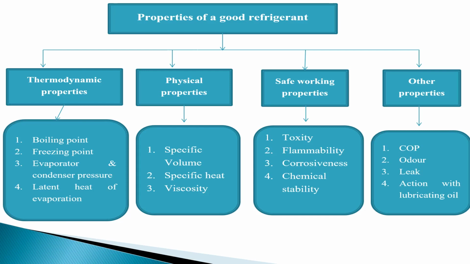So for a fluid to be used as refrigerant, it should boil at low temperature, because it has to undergo phase change. Because it absorbs the latent heat, means its heat absorbing capacity is more at latent heat. Then freezing point is the temperature at which it freezes, means solidifies.